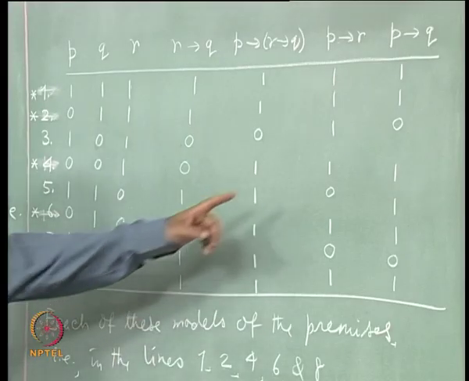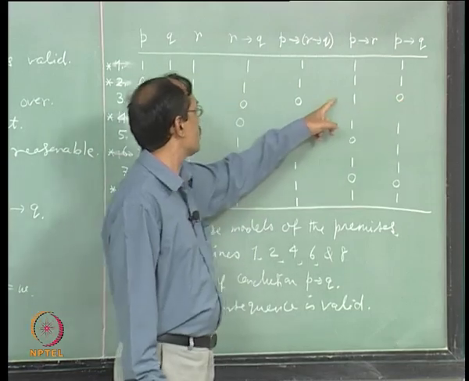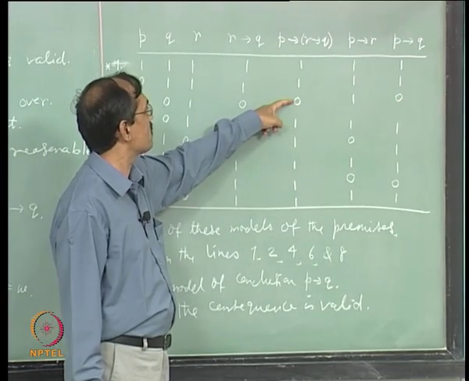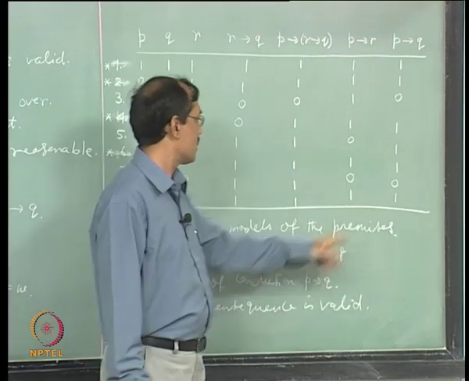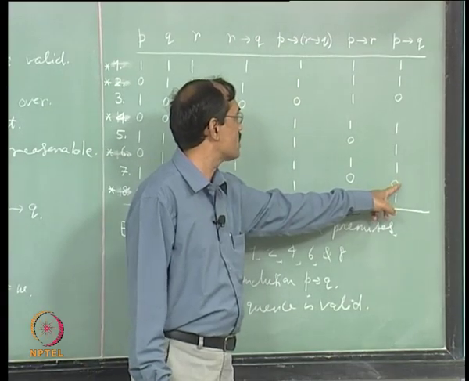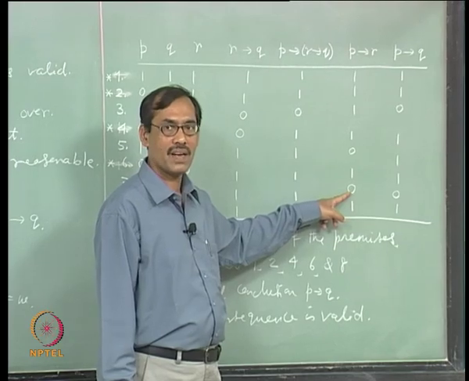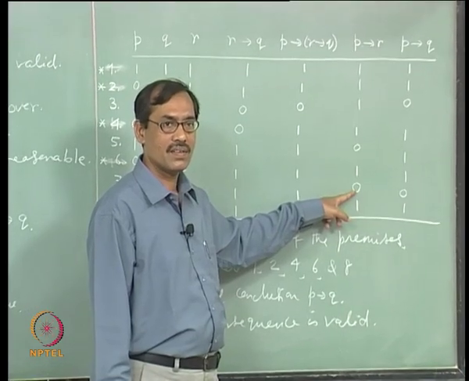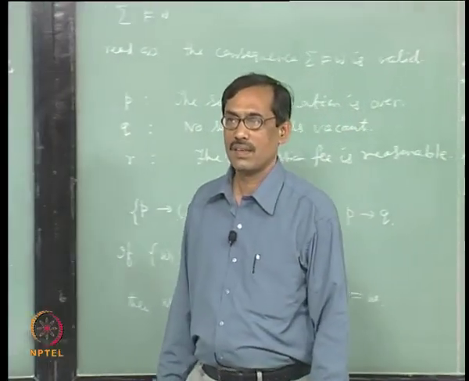So, we start from third line, there P implies Q is 0, we find that one of these premises, P implies R implies Q, is 0. Next, in the sixth line we find P implies Q is 0 and one of the premises, P implies R, is evaluated 0, therefore sigma entails W. Is it clear?